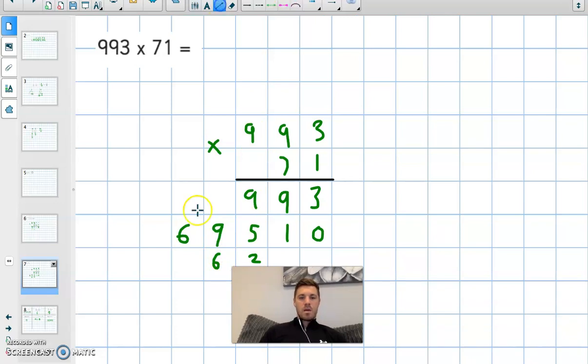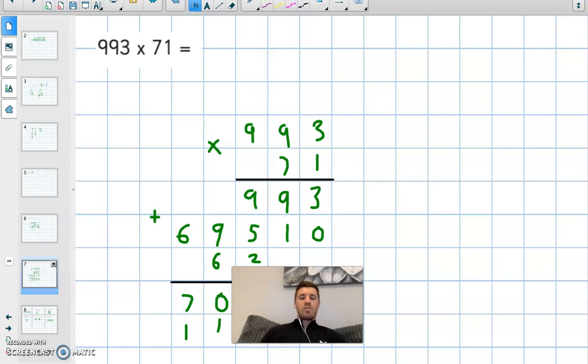Okay, what we're going to do now though is add these two totals together to get the answer. So starting from the smallest digit, 3 plus 0 is 3, 1 plus 9 is 10, carry the 1 over, 9 plus 5 is 14, add the 1 is 15, so carry the 1 over, 9 plus 1 is 10, carry the 1 over, and then 6 plus 1 is 7.